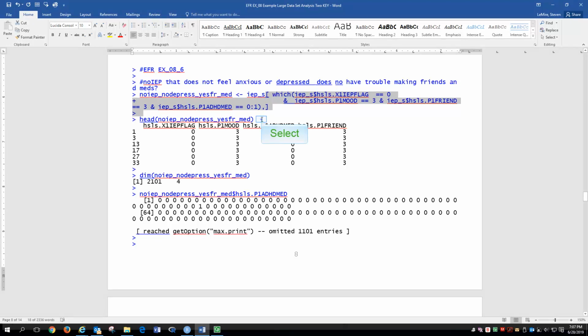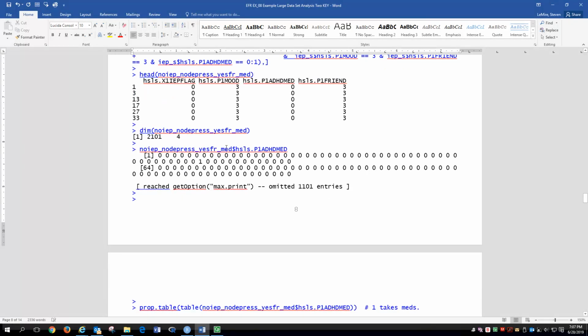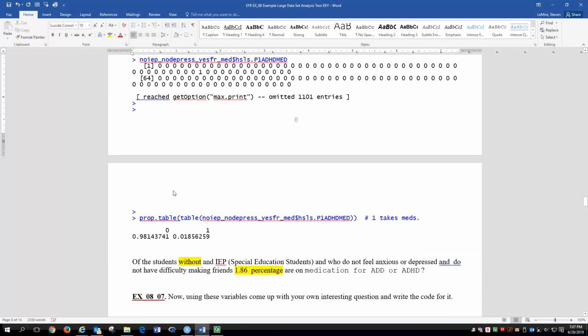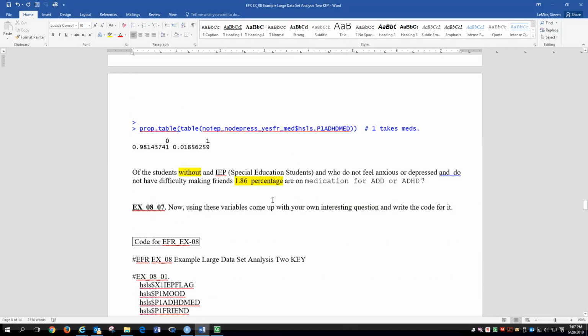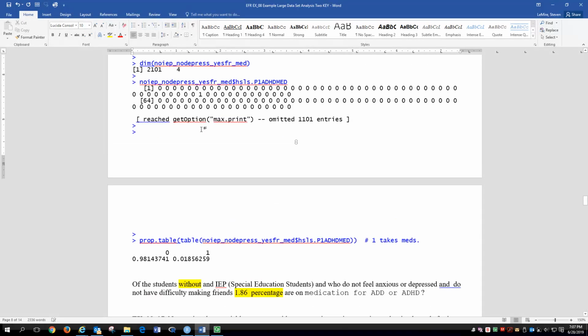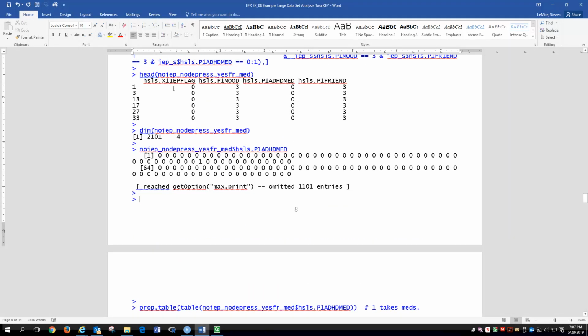So I come up with a very small number and come in here, reached option, and so that gives me my data out right here, and then I pull out one of those, or ask for the dimension of that, and right here I pull it out. Right, I'm just after the meds, and then I calculate my percentage.